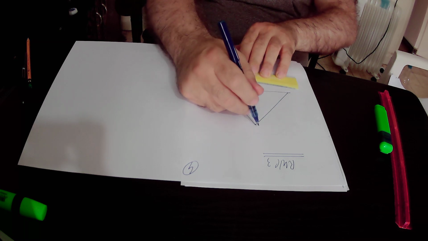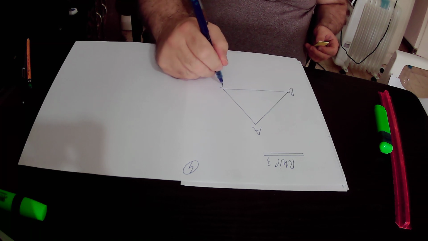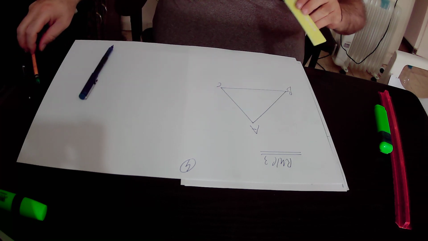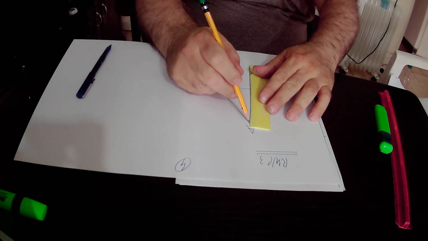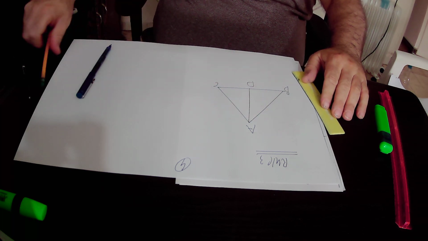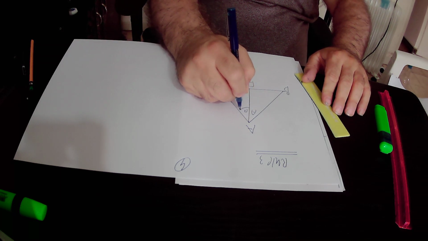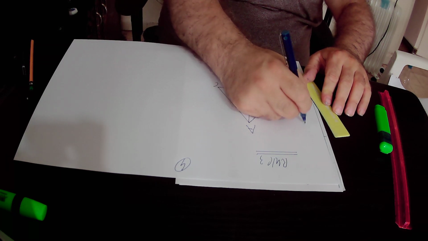This is triangle ABC. We have here the angle bisector AD. I write down that AD is the angle bisector.